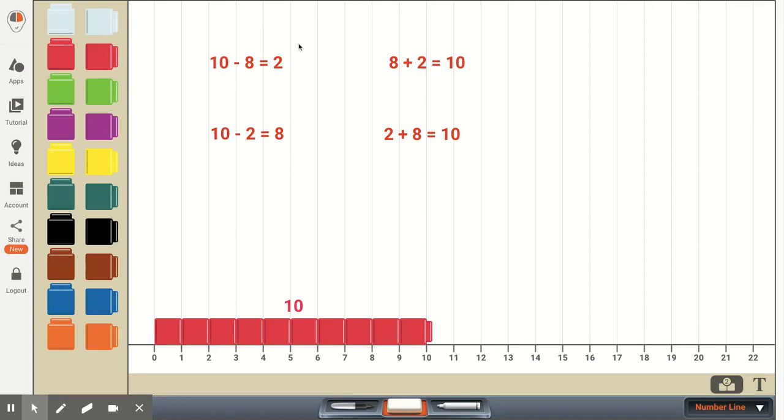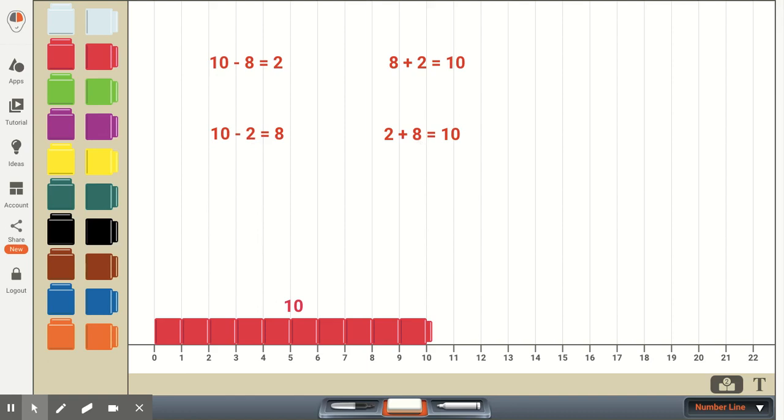From the three numbers, we can create two addition equations and two subtraction equations. So we have the related equations of 10 minus 8 equals 2, 8 plus 2 equals 10, 10 minus 2 equals 8, and 2 plus 8 equals 10.